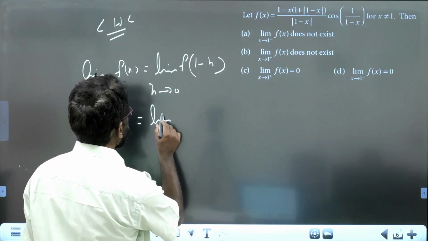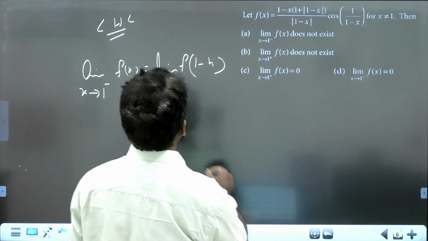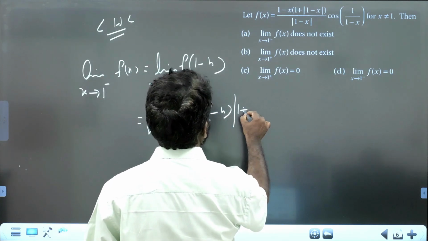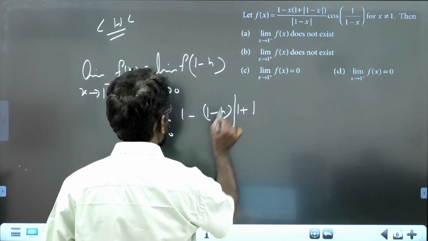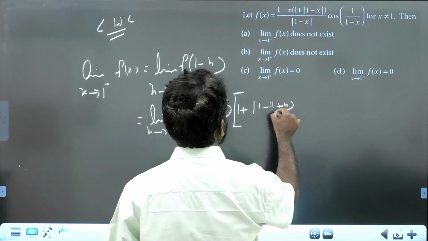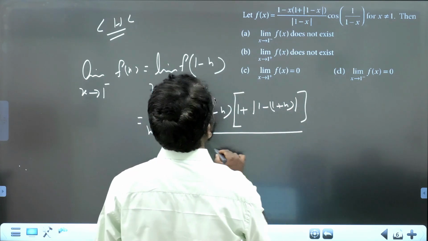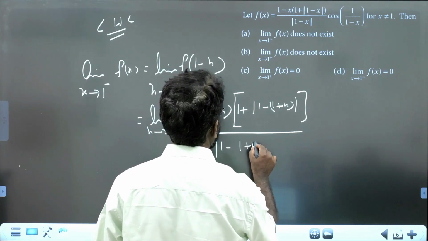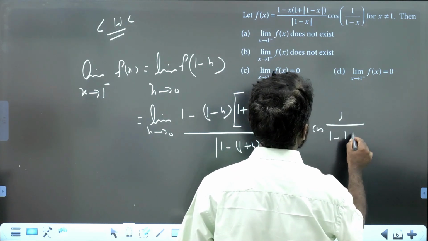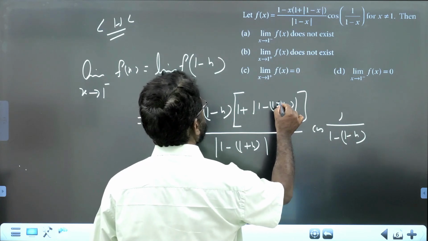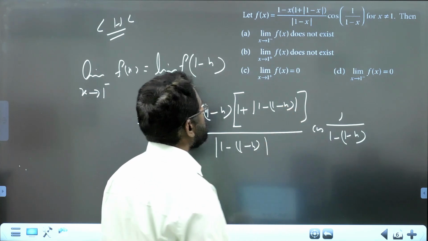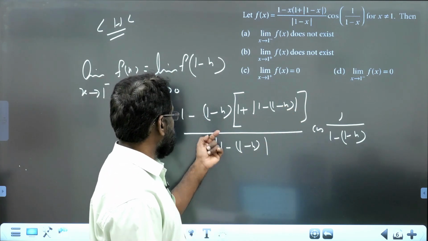That is limit h tends to 0 of (1 minus h) into (1 plus modulus of 1 minus (1 minus h)), divided by modulus of 1 minus (1 minus h), into cos of 1 by (1 minus (1 minus h)). Every x replaced with 1 minus h.